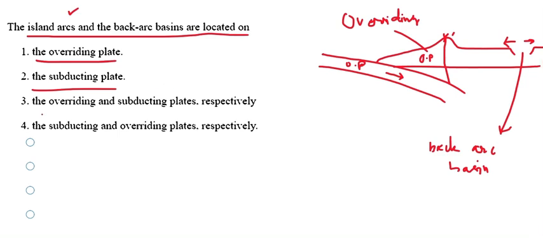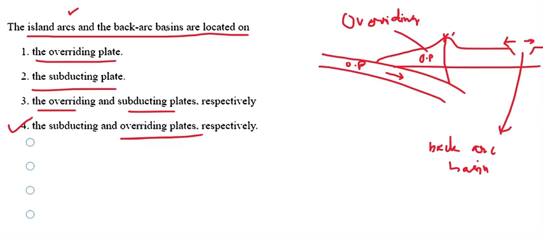So now the third option: the island arc is formed on the overriding plate and the back arc is on the subducting plate. No, back arc basins are present on the subducting or overriding plate? So it means this option is our correct option.